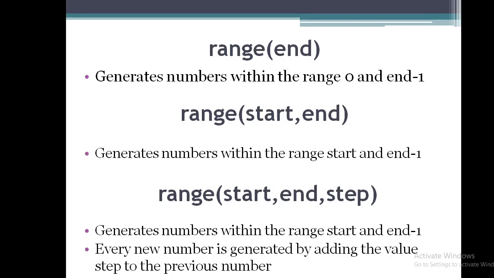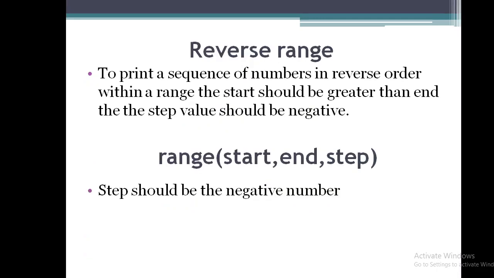That means in descending order, right? So far we have discussed the sequence generated in ascending order or in increasing range. But now we can generate numbers in sequence in reverse range also. So let us see how to print a sequence of numbers in reverse order within a particular range.